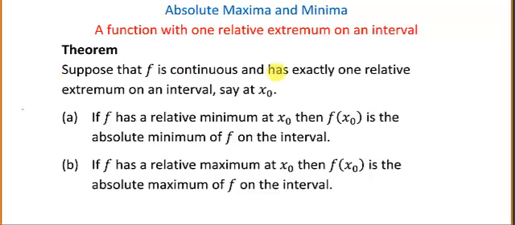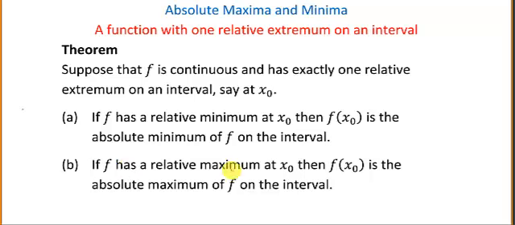Suppose f is a continuous function that has exactly one relative extremum on an interval, say at x0. If f has a relative minimum at x0, then f of x0 is the absolute minimum of f on the interval.